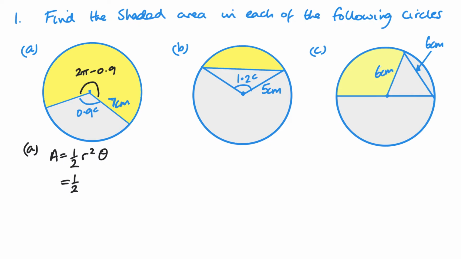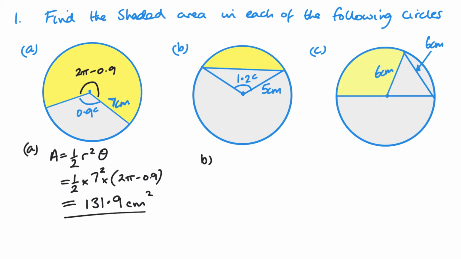So we've got a half times 7 squared times whatever 2 pi minus 0.9 is. And we have an area of 131.9 centimeters squared.